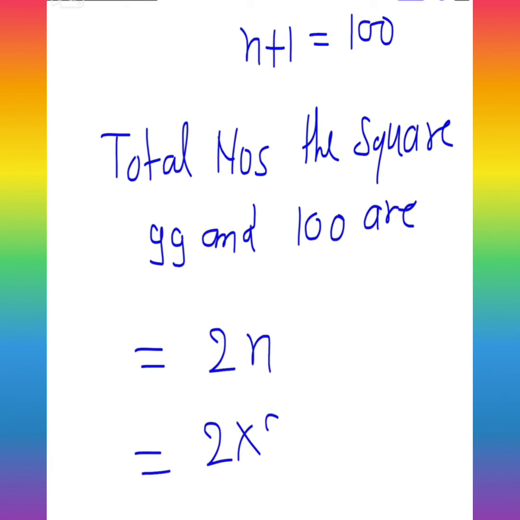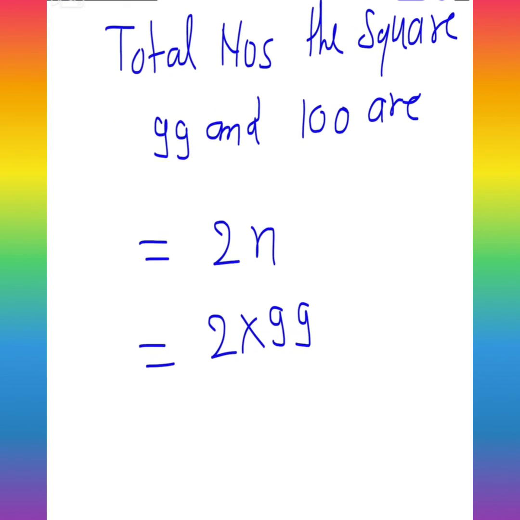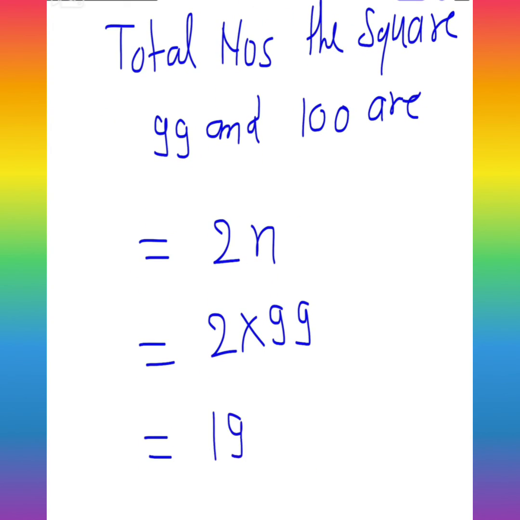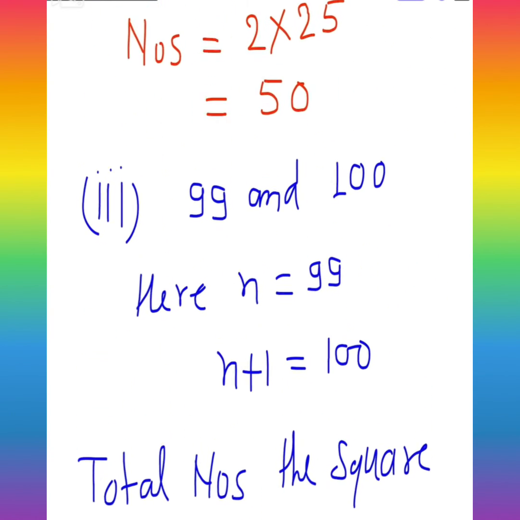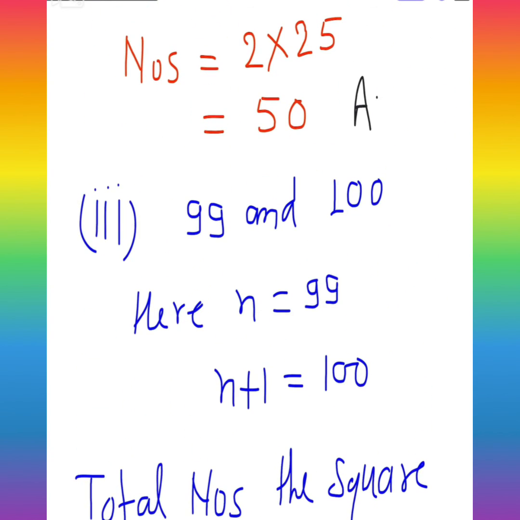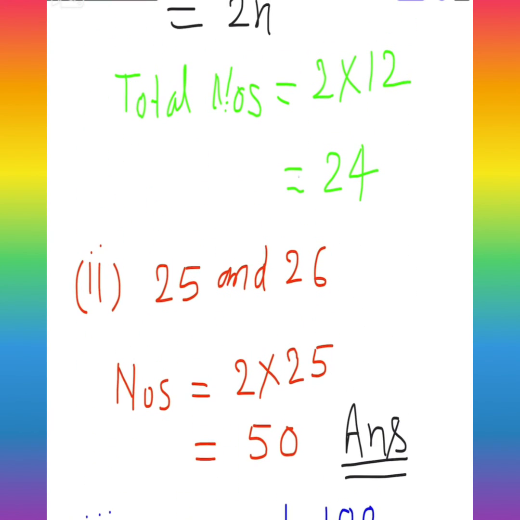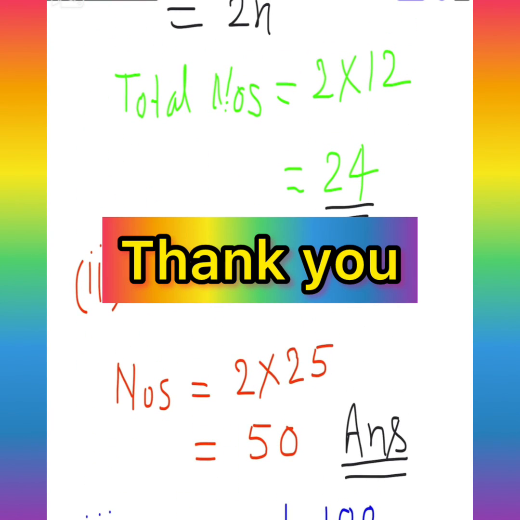So 2 into 99, you will get here 198. So finally, this is the answer of the question, that is 198, and this is the answer for the part number second, that is 50, and this is the answer of the part number first, that is total numbers are 24.